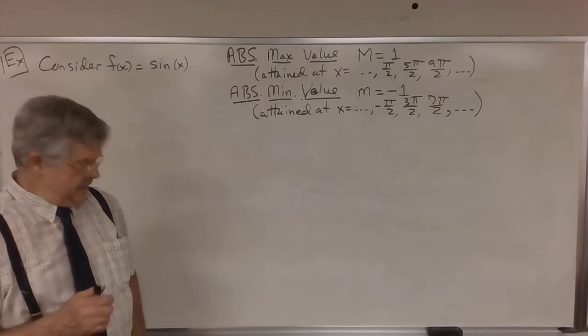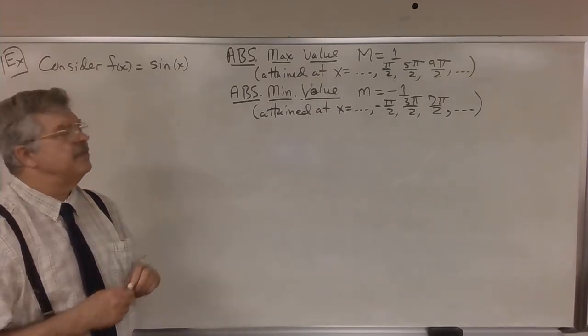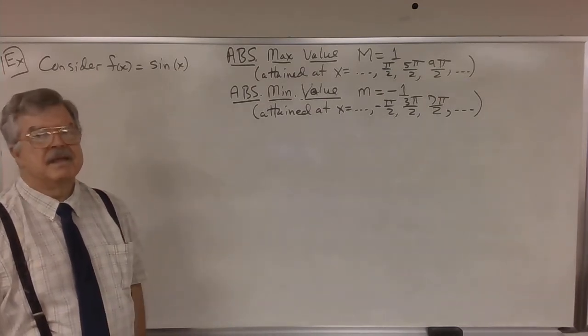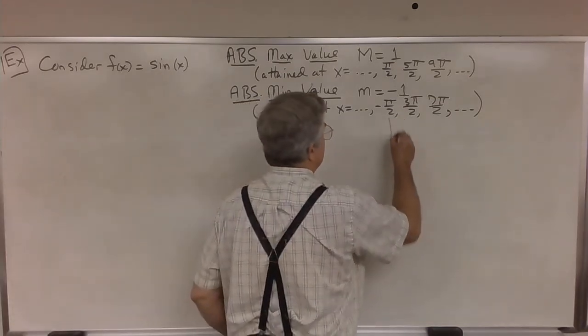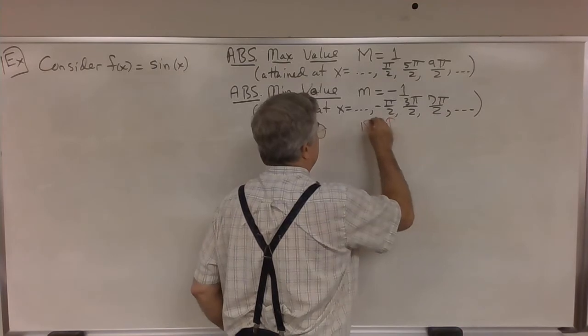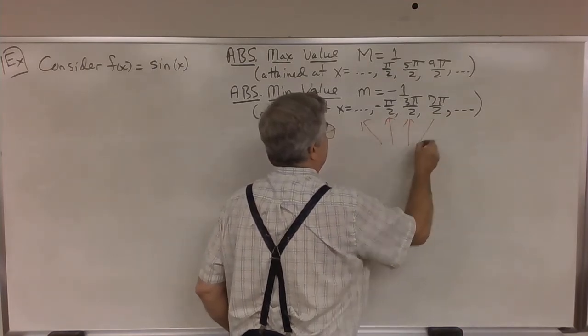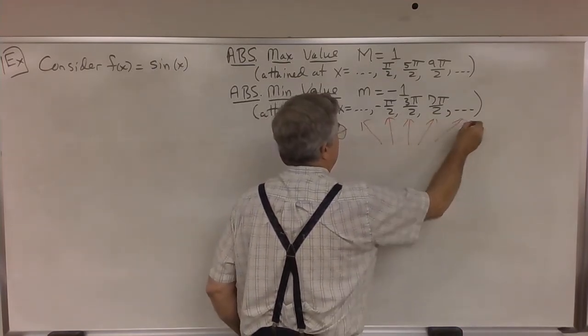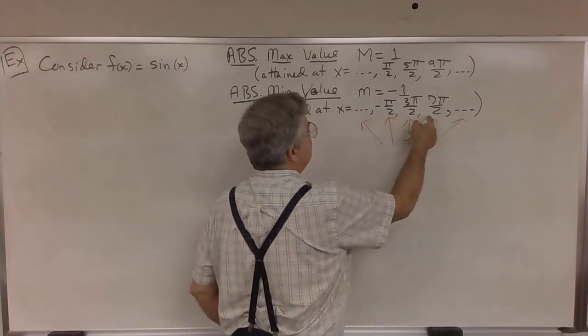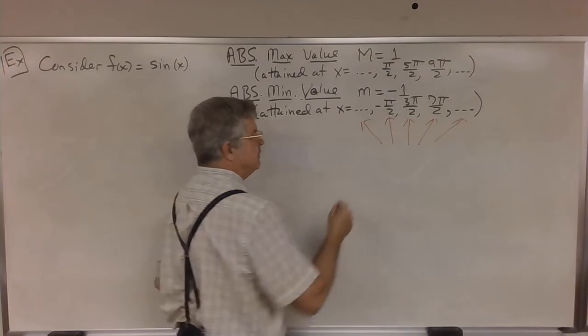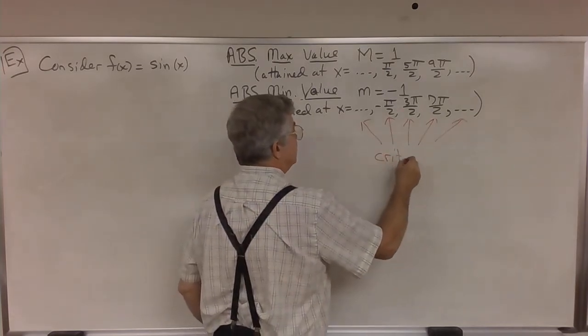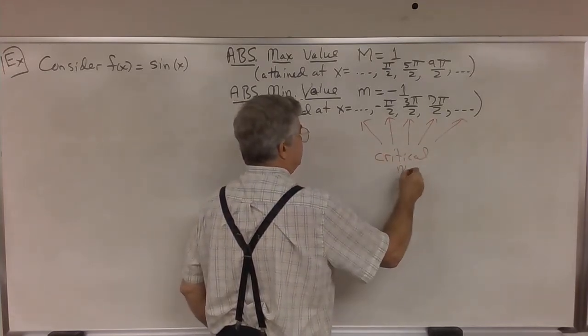Now there's something else that we should note about this before I erase everything. All of these numbers at which the absolute minimum and maximum values are attained turn out to be critical numbers.